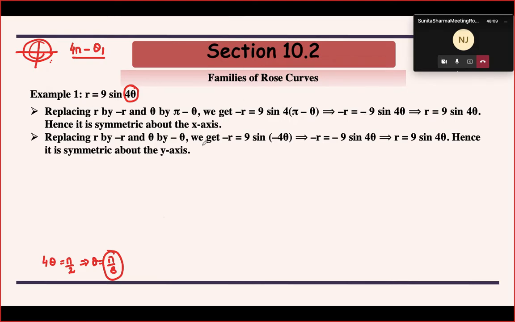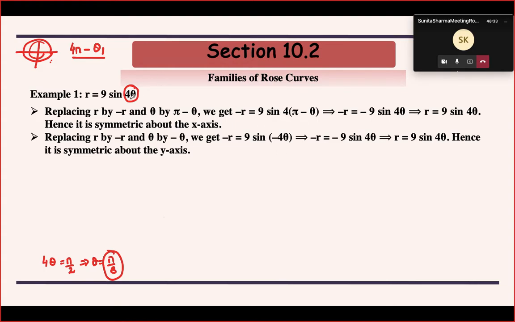Ma'am, won't it be easy if we only replace theta by minus theta in this? That also is going to give you, yes, that is also fine. And for the second symmetry, if we replace r and theta by both the negatives, minus r and minus theta.